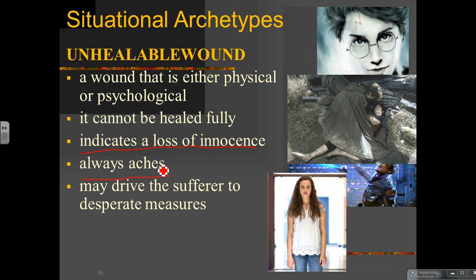In the novel 13 Reasons Why, the main character suffers a horrible slut-shaming incident where they're talking about a body part, and everybody starts talking about it. That was a loss of innocence for her. It never healed completely. It always tormented her, and eventually the main character ends up killing herself because of the mounting ramifications that one event had.